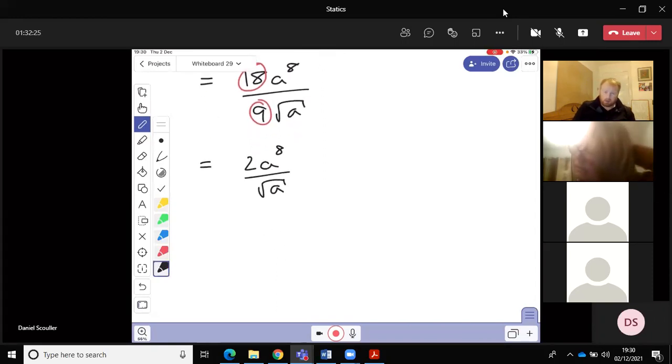That means we can do the next step: 2a to the 8 over a to the half. Because that's the denominator, when we bring that up to the top line, that power becomes a negative.